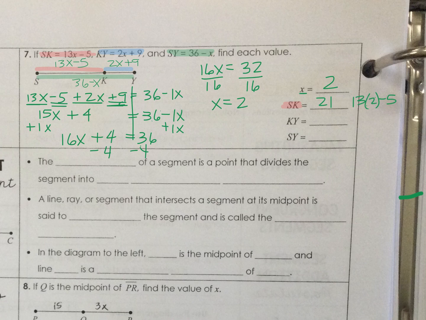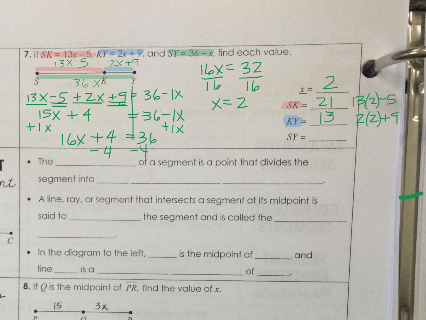KY, that's our blue section. Our blue section is 2x plus 9. So I know what x is. It's that same 2. 2 times 2 is 4 plus 9, 13.